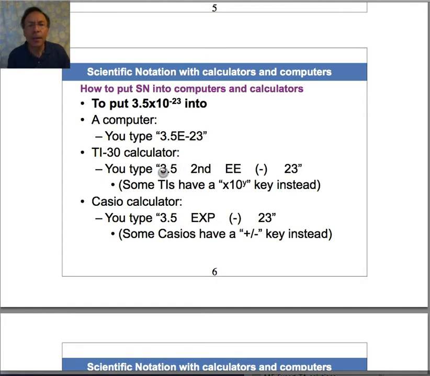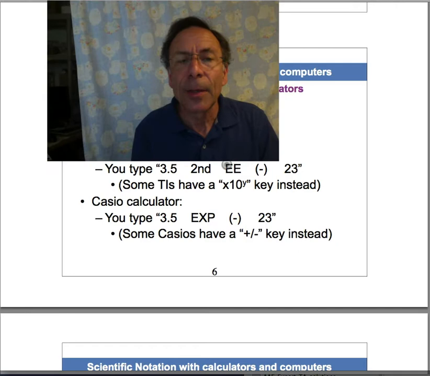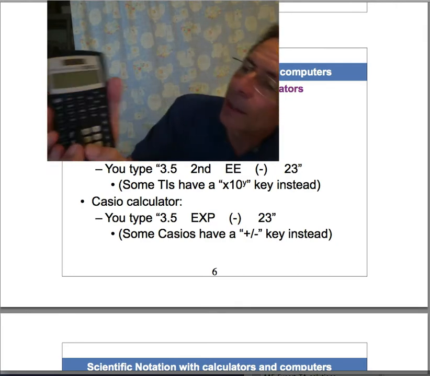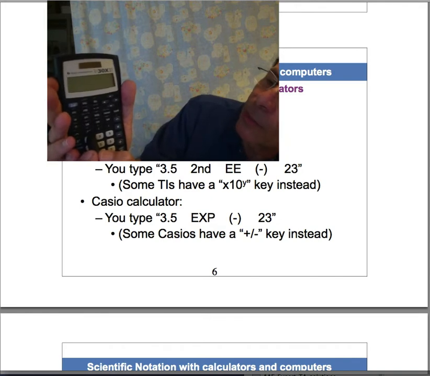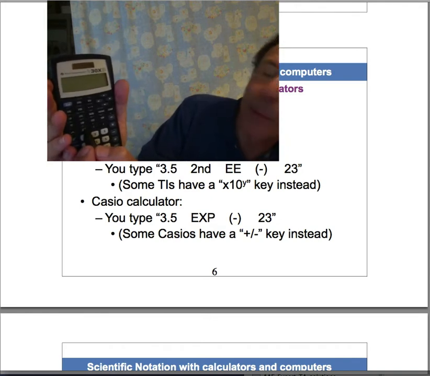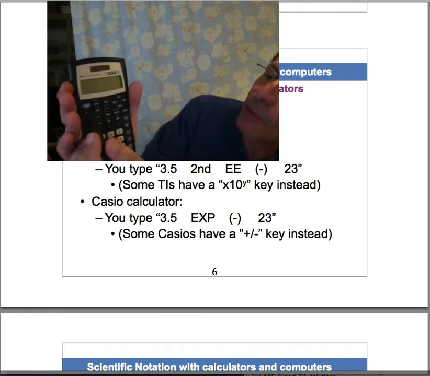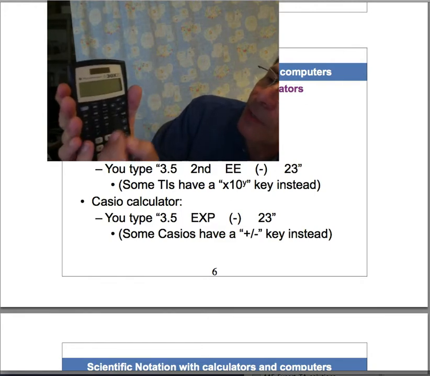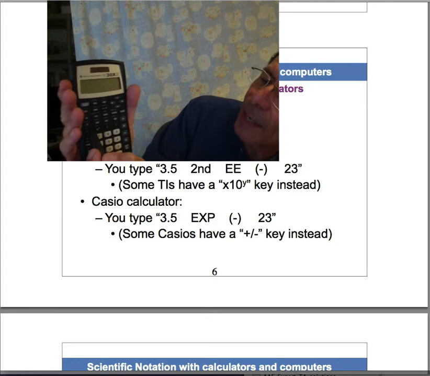You're going to type in 3.5. Then on this particular calculator, to activate this exponent key, which is labeled EE in blue over the reciprocal key, before that works, you have to first press the second. So if you press the second button, everything that's in blue is activated.